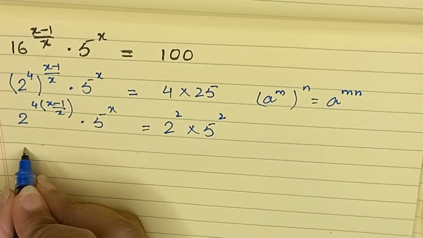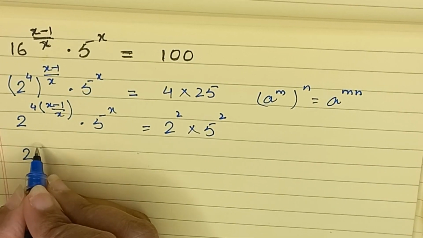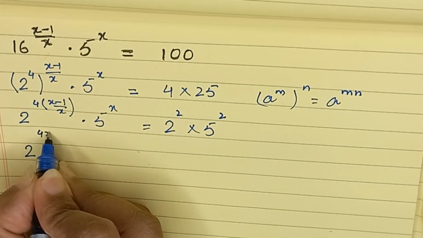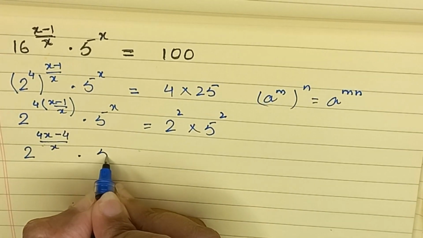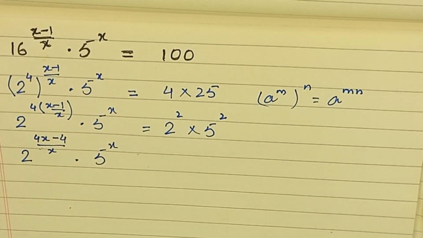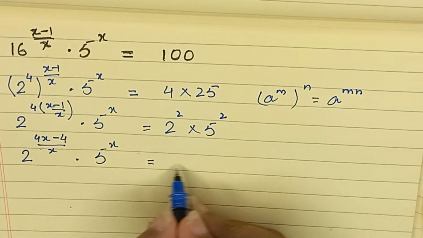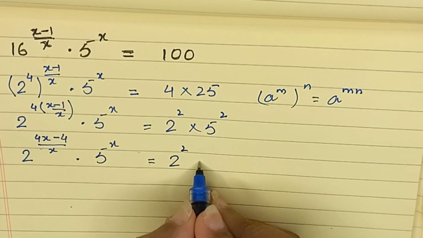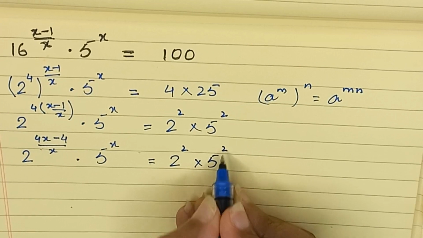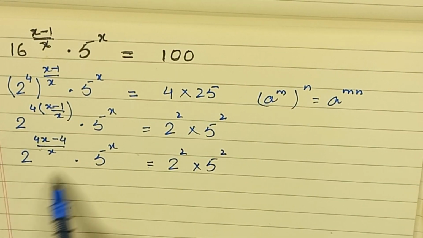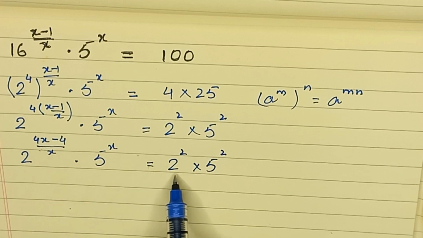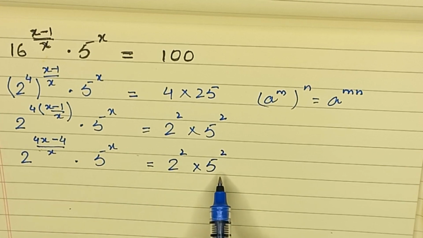Now it will become 2 raised to the power (4x minus 4)/x, into 5 raised to the power x, which is equal to 2 raised to the power 2, multiplied by 5 raised to the power 2. So from here we can notice that the bases 2 and 2 are the same and 5 and 5 are the same.